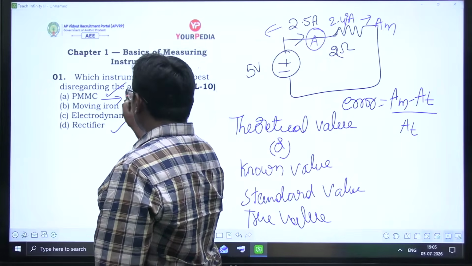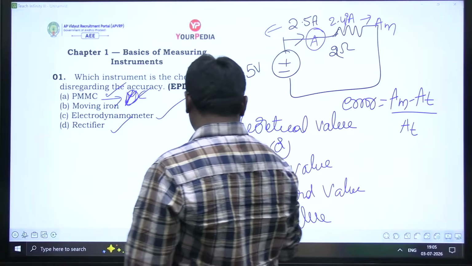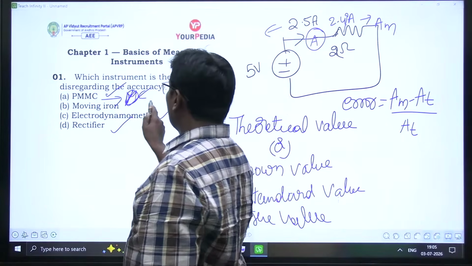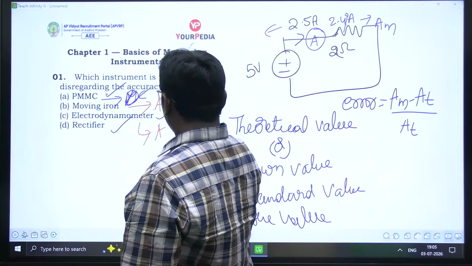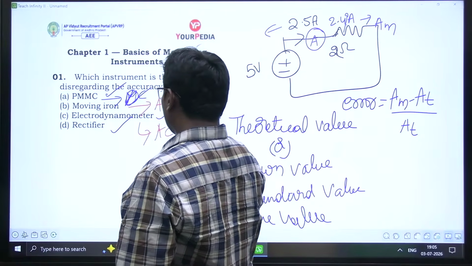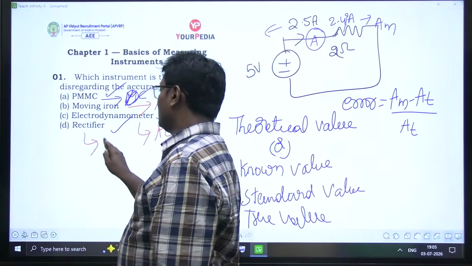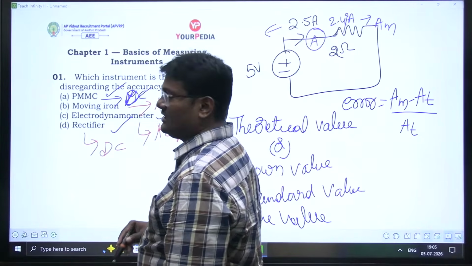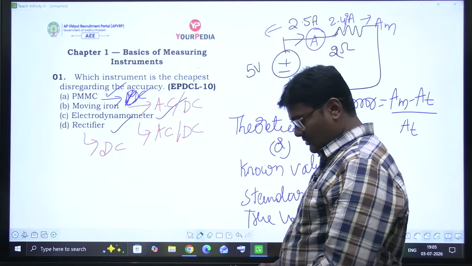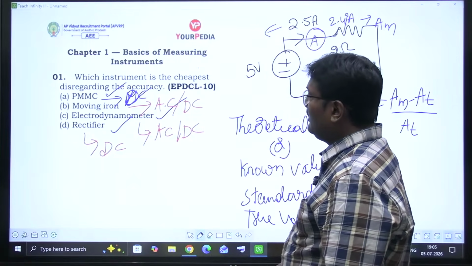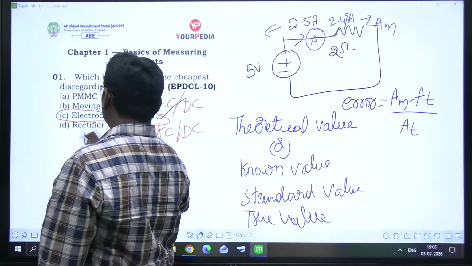PMMC will measure DC, moving iron will measure AC, electrodynamometer measures AC or DC, and the rectifier type also. So for this type of question, the electrodynamometer type of instrument is the cheap one.